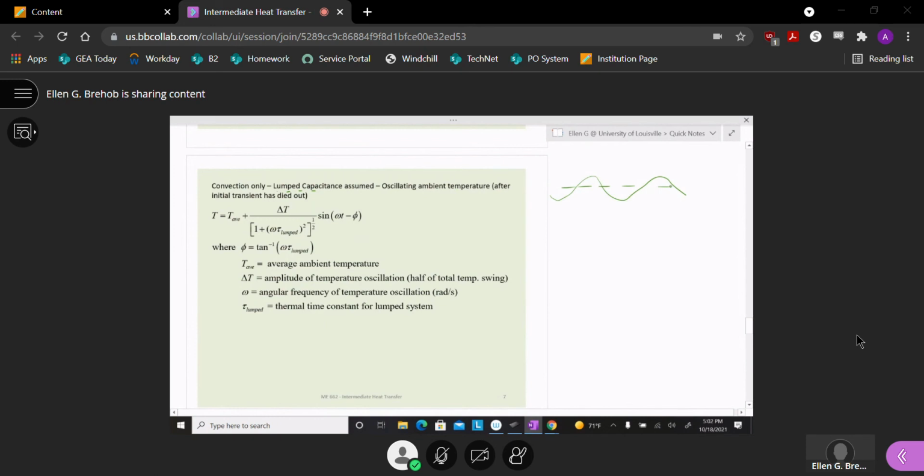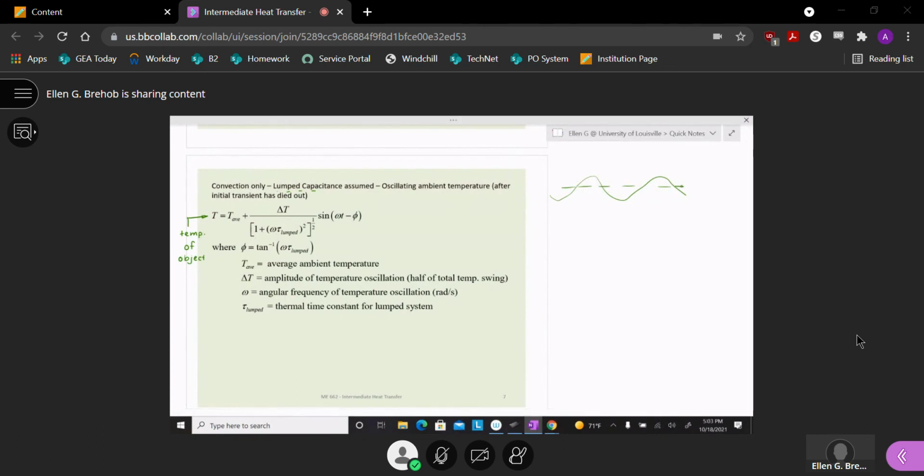Okay. And if you wanted to put a thermocouple probe and measure temperature, this is going to be temperature of the object. And it is going to be equal to the average temperature. I've got a picture coming up, so let's just read through this equation for a minute.